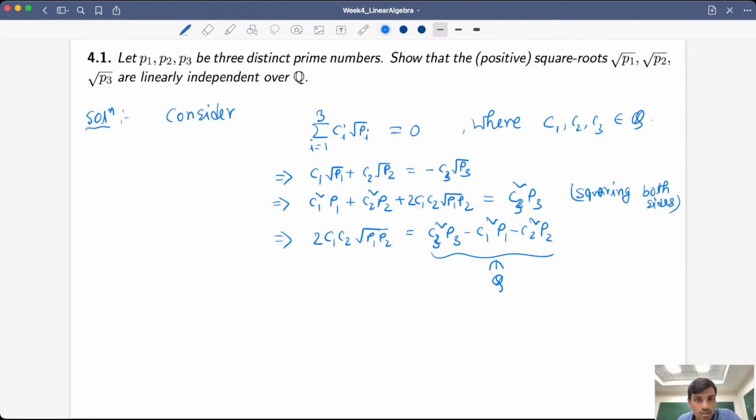So if c1 c2 is non-zero, then this side is irrational, right? But the other side is rational. So if c1 c2 is not equal to 0, then 2 c1 c2 root p1 p2 belongs to Q complement, that means irrational.